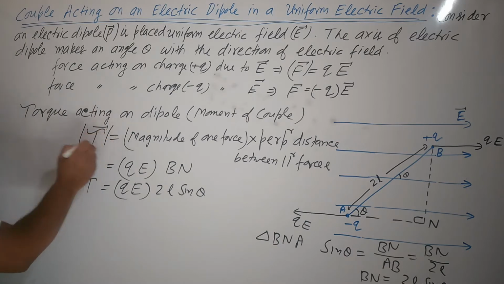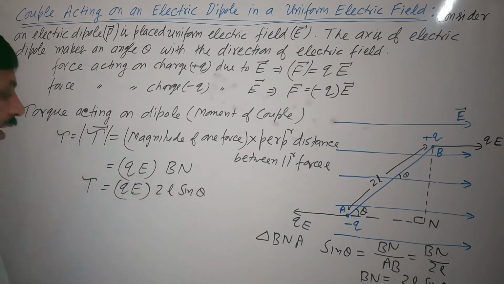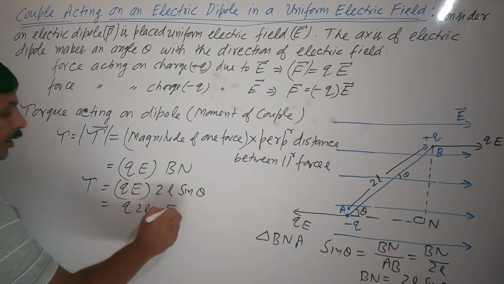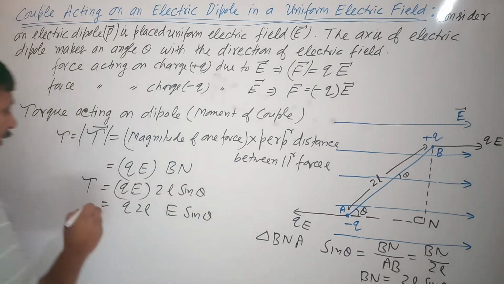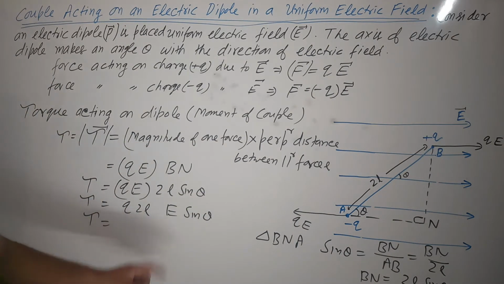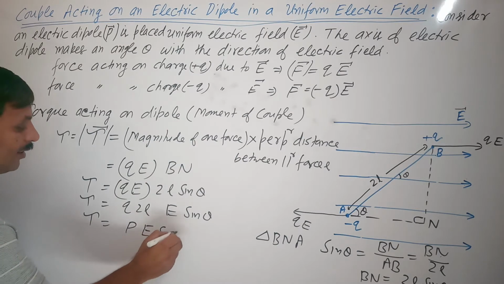Magnitude of torque is equal to qE times 2L sin theta. Taking q into 2L together, q into 2L is the dipole moment p. So the magnitude of torque is p E sin theta.